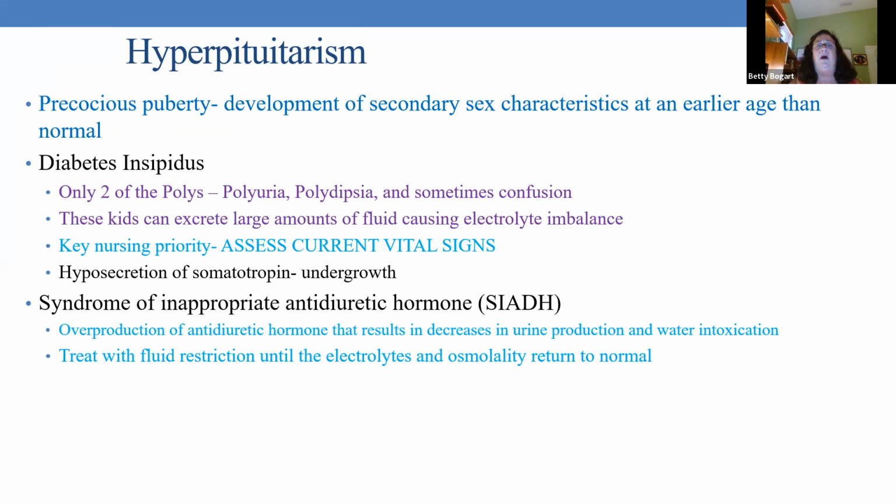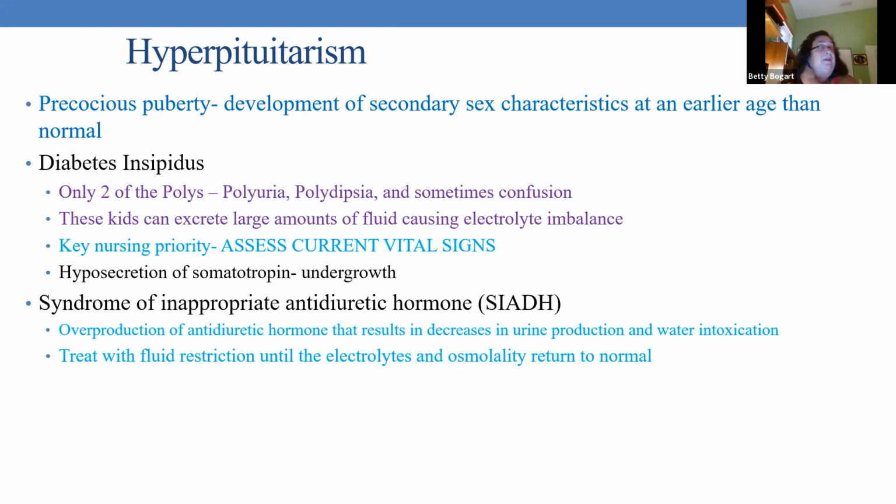So what do we do for syndrome of inappropriate antidiuretic hormone? We're going to monitor fluid intake by limiting fluids. We are going to decrease the amount of salt in the diet because we don't want anything else to make you hold on to water a little bit more.